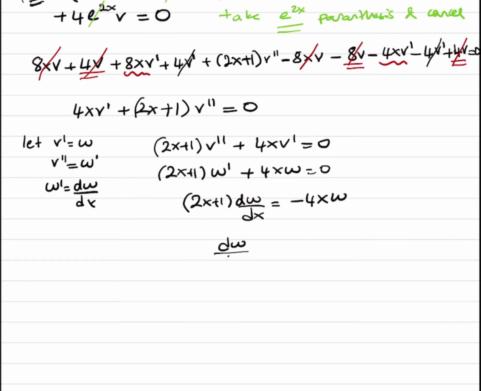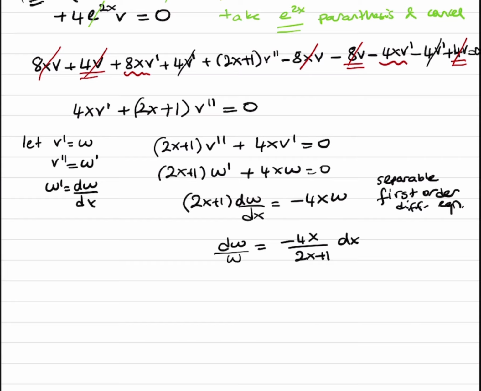So we can write dw over w is minus 4x over (2x plus 1) dx. Now we have a separable first order differential equation. So we will find w first, and then we will find v.